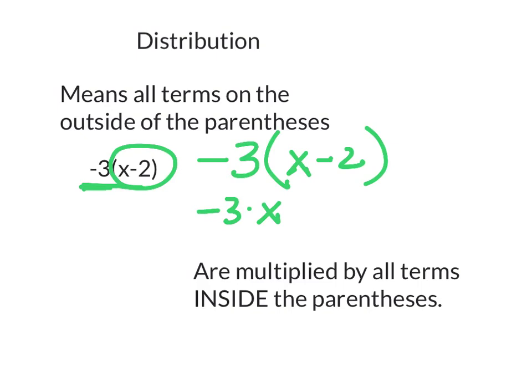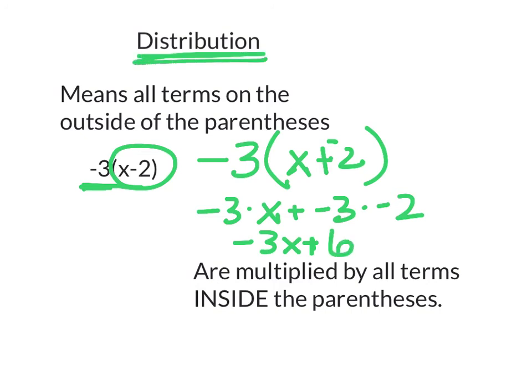So I'm going to call this plus negative 3 times negative 2, because I'm going to think of this minus 2 as adding a negative 2. Much easier for me than all that subtraction. So then we get a negative 3x. Negative 3 times negative 2 is positive 6. Negative 3x plus 6.